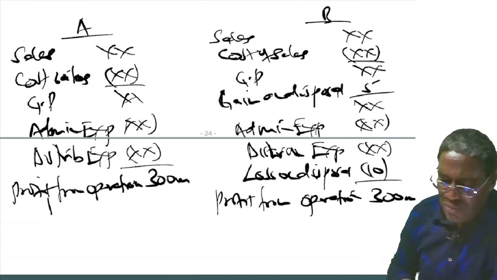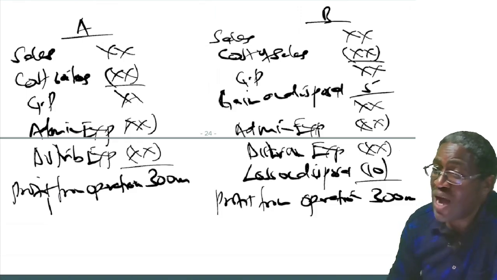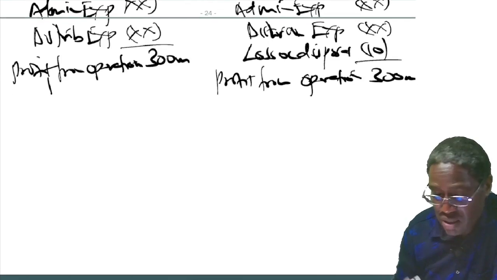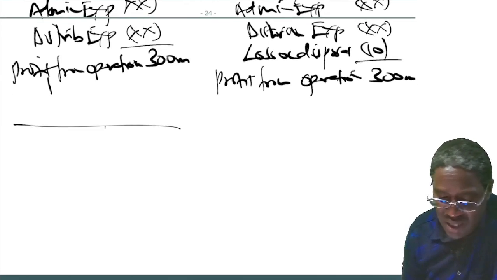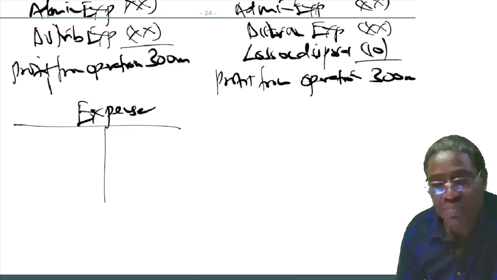So when I'm doing the cash flow of accountant A, and I'm now determining the cash paid for services rendered, I will open the expense account for him.